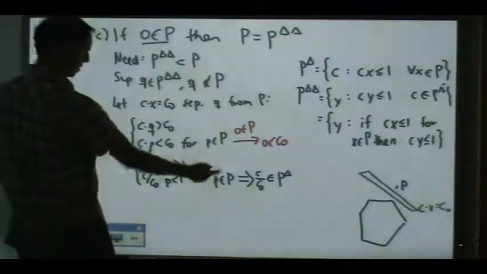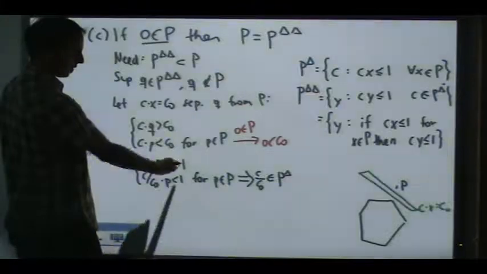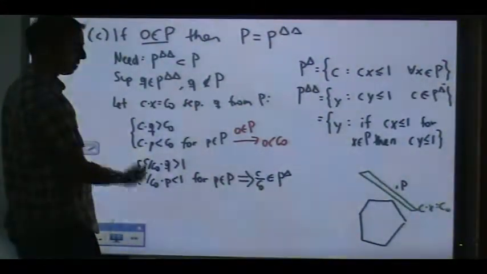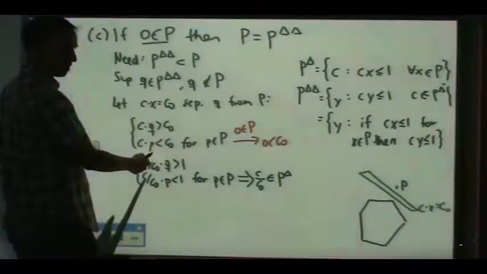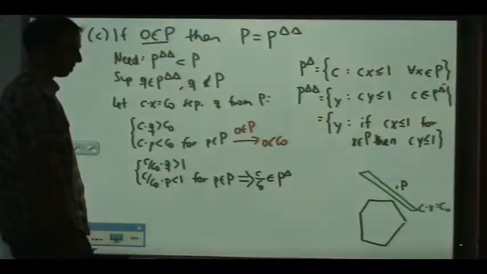Because C over C0 is in the dual, Q is in the polytope, and their dot product is bigger than 1. That can't be, because the dual is defined to be those things such that when you take the dot product with something in the polytope, you should get something less than 1.